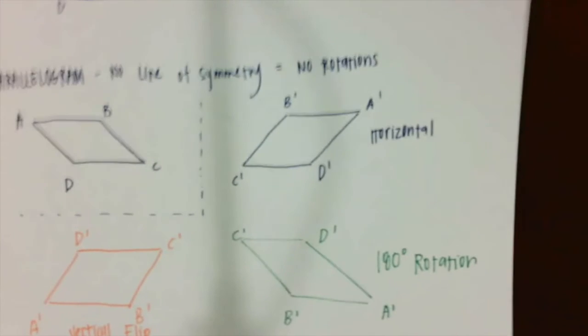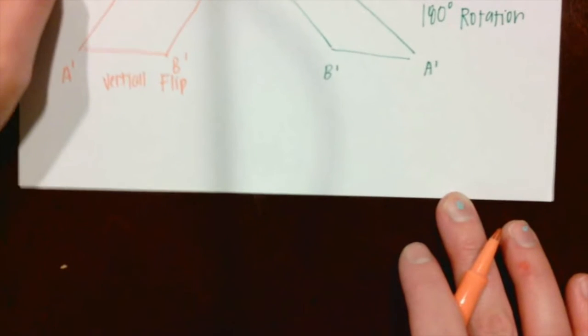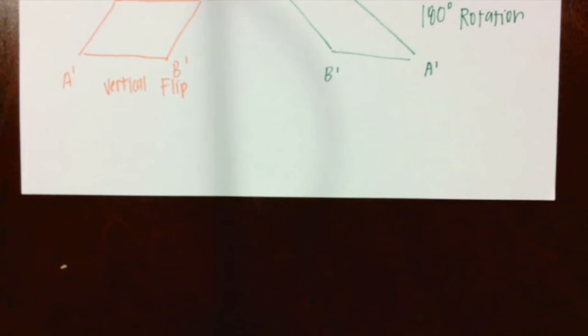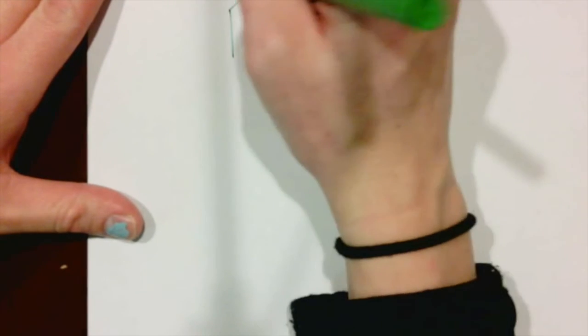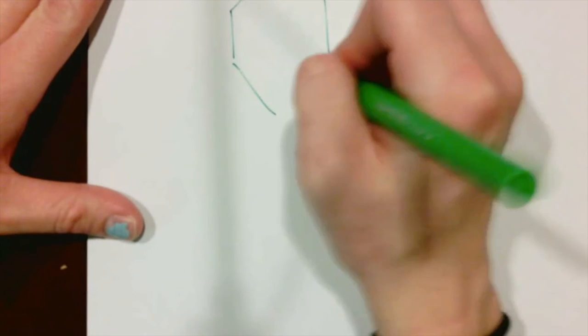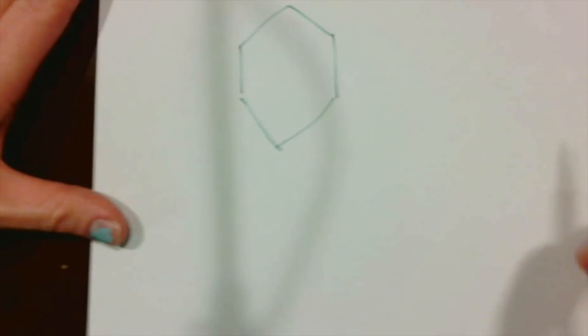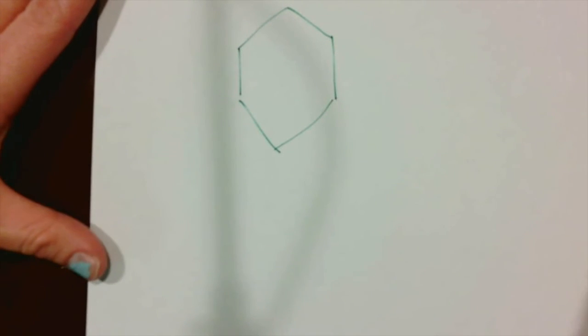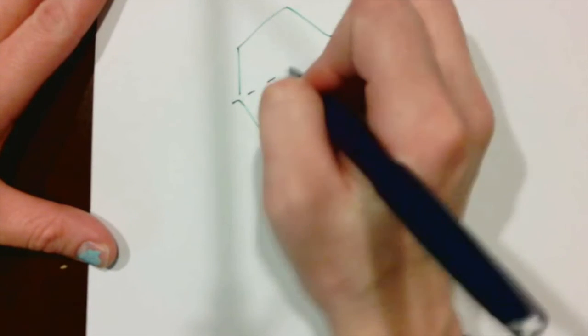So it's important for us to understand how we can manipulate these different shapes around our axis of symmetry. Before we finish this up, I just want to emphasize finding the axis of symmetry for different shapes. So let's say I have this hexagon. I want to find every axis of symmetry. So if I were to fold it in half right here, that would work.